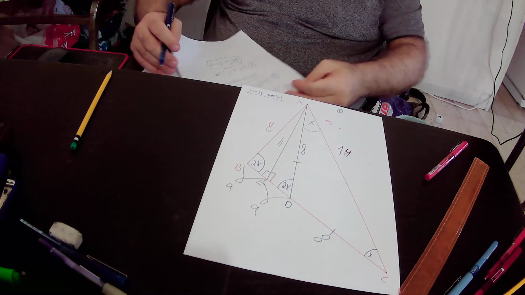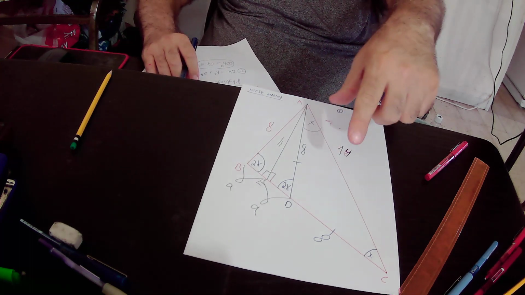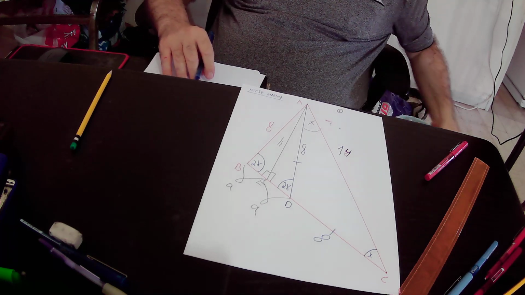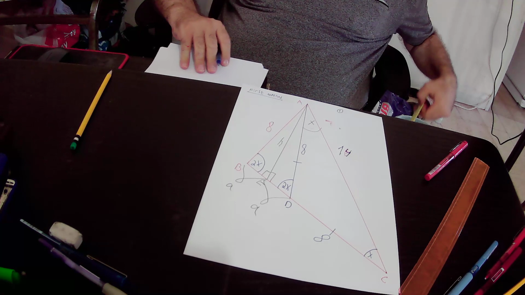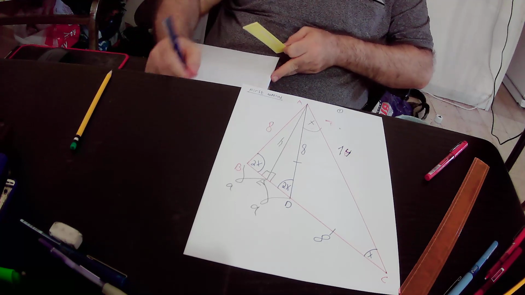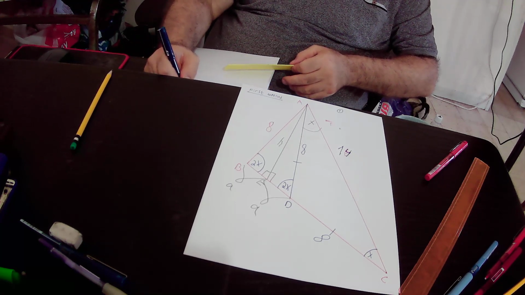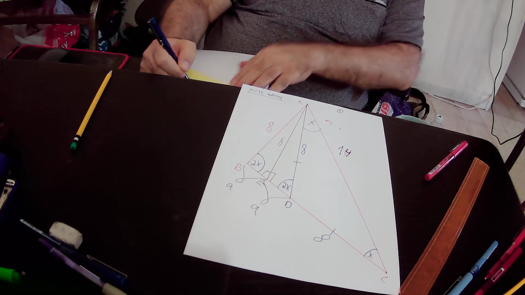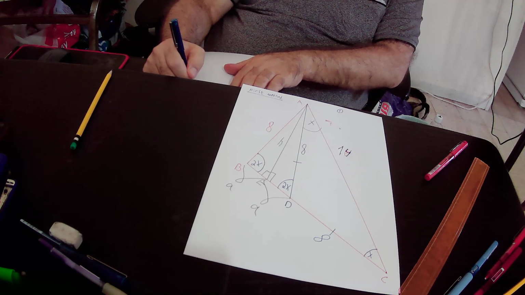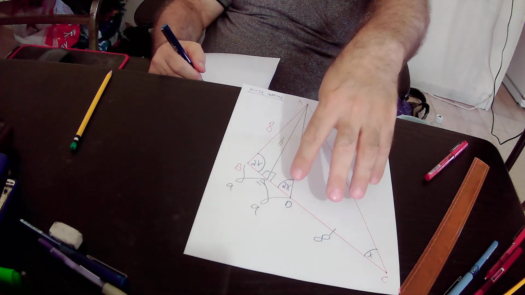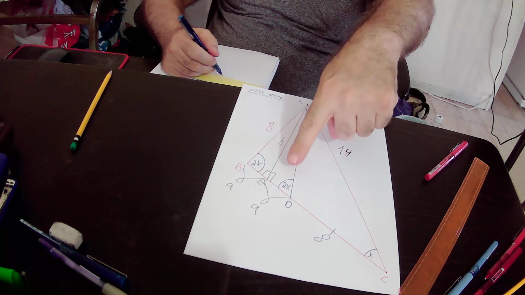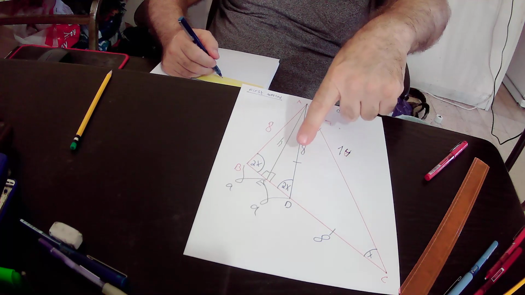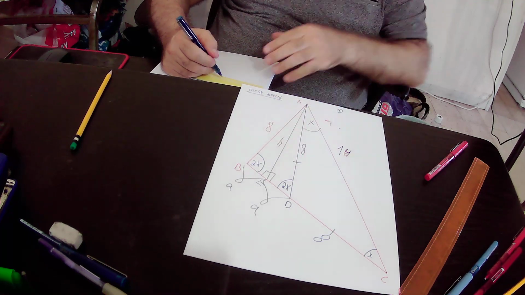Okay, so in the next step we will relate to triangle AEC. In this triangle AEC, we have angle AEC that equals 90 degrees, because AE is perpendicular to BD.